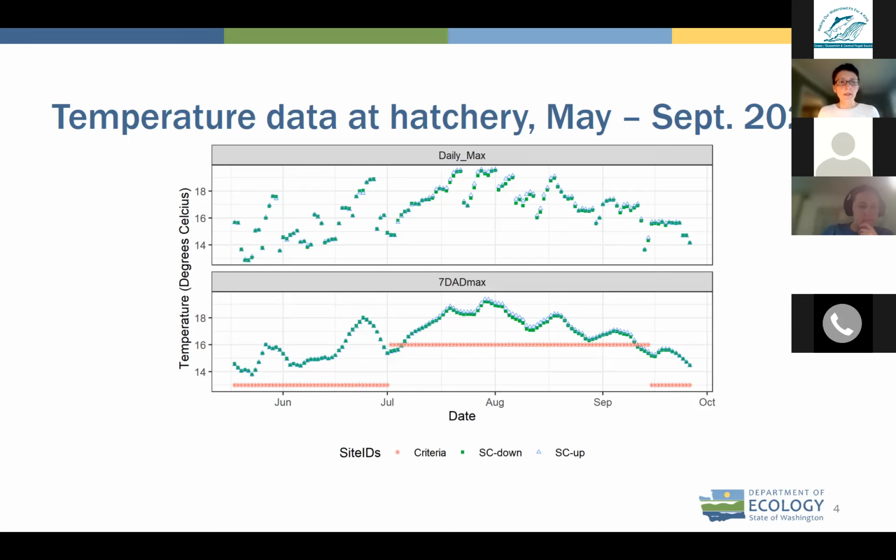So when we looked at the data that we collected at the hatchery, we realized that during the shoulder periods, and especially during the second half of June, the gap between the current conditions and the criterion is so great that probably planting a riparian buffer and restoring it would be insufficient to fill in this gap.